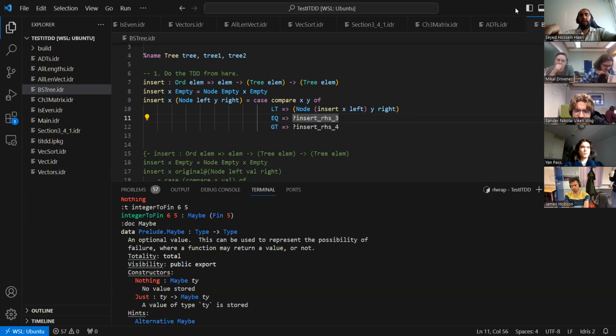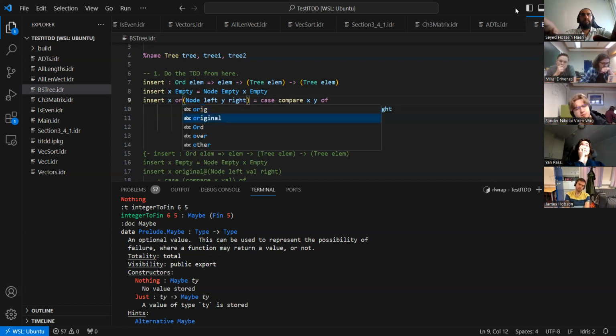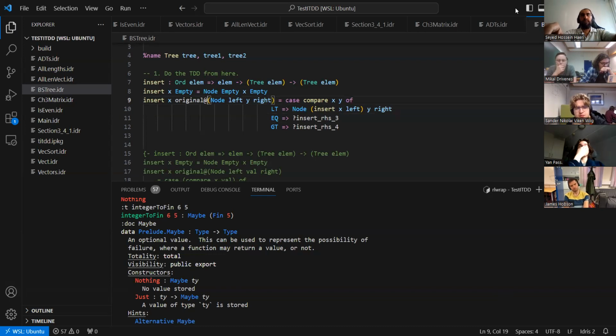That's right. Now there's also a syntax for that. So let me just change this. There's also a syntax which is very similar to the Haskell one, unsurprisingly.